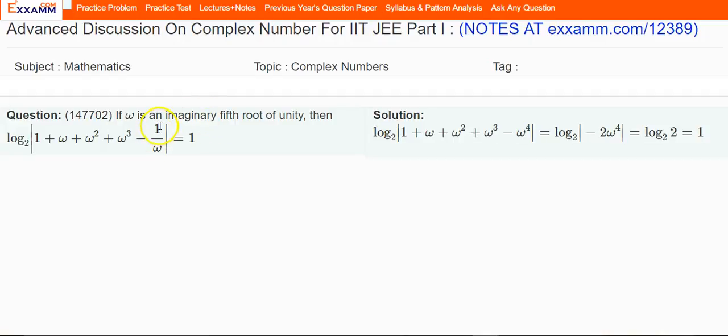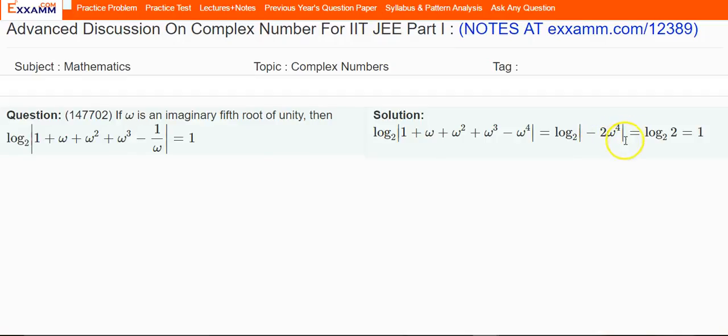And what is the value of 1 upon omega? Omega to the power 5 is equal to 1. So if we substitute 1 with omega to the power 5, we get minus omega to the power 5, and the sum of this is also equal to minus omega to the power 4. So what do we get?